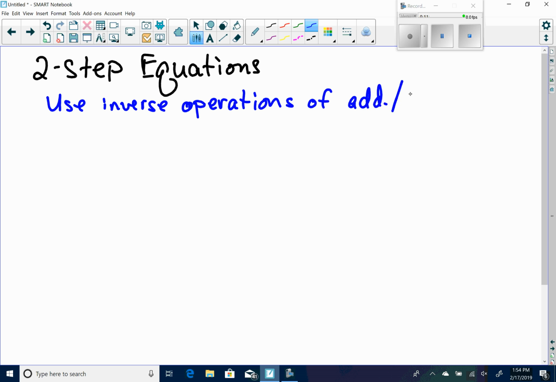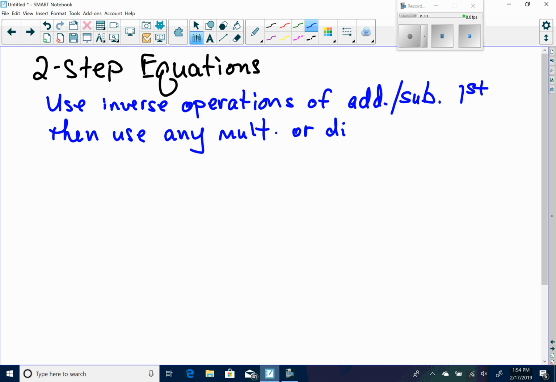I'm just going to abbreviate here. Then use any inverse operations of multiplication and division to isolate the variable.